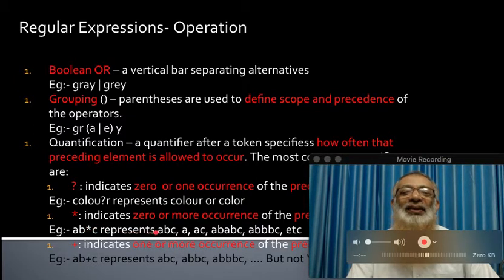So A, B star C is a regular expression, and the strings that can be formed out of this expression is the language derived from that regular expression. And that's what is specified here.